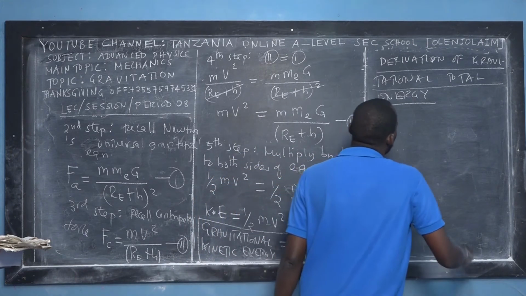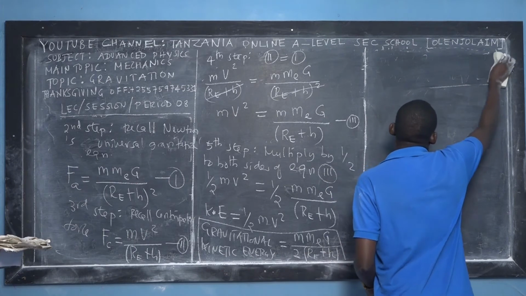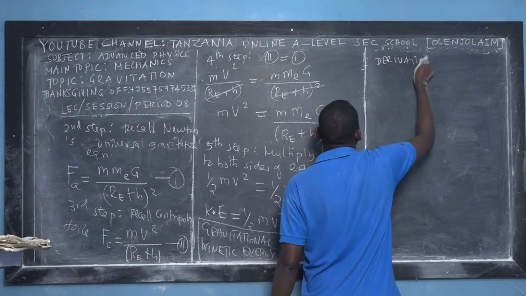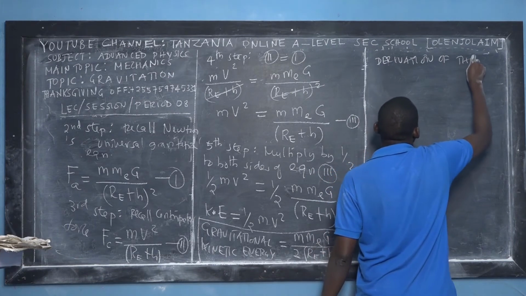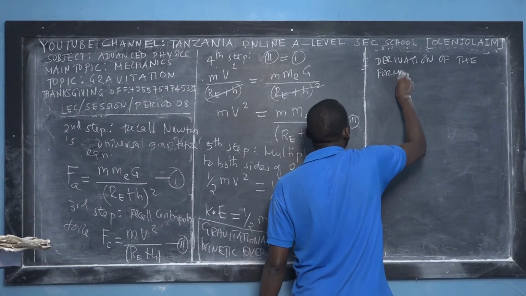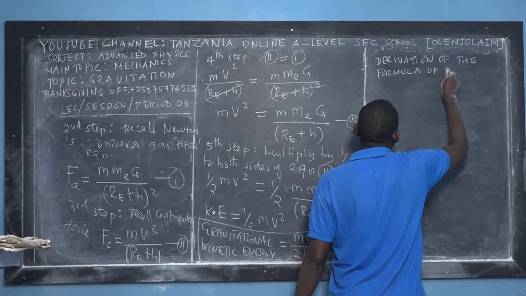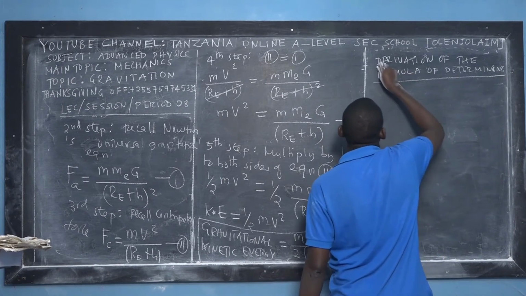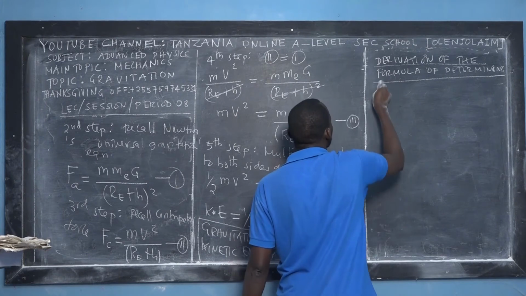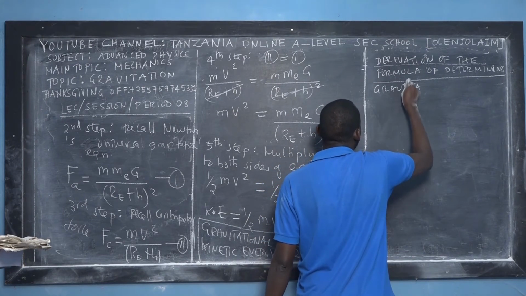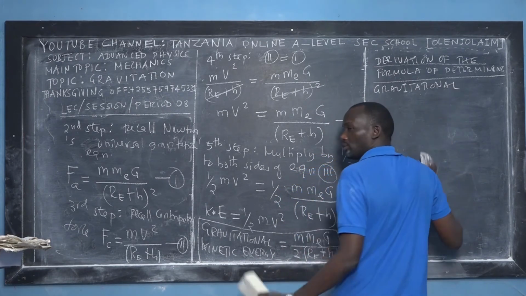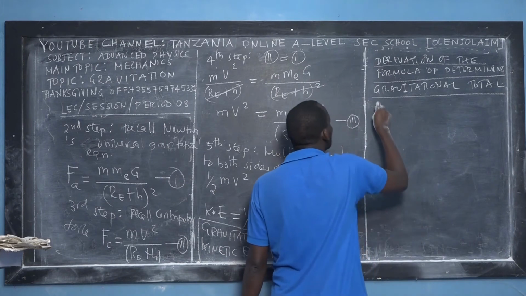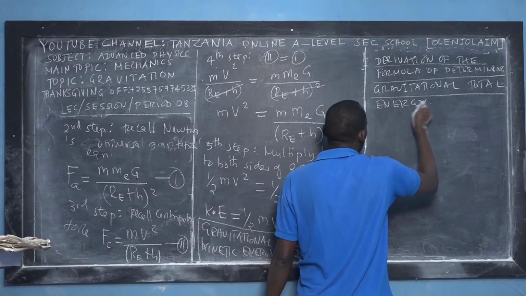So, derivation of the formula of determining gravitational total energy. You should not drop, just add the missing words.